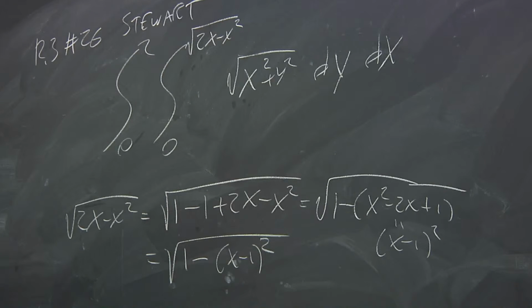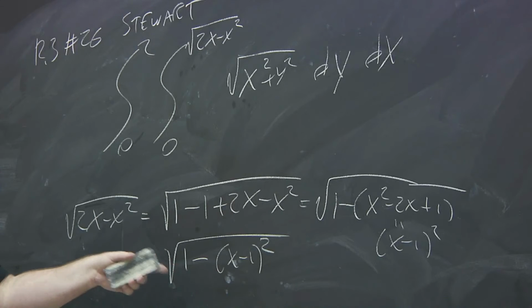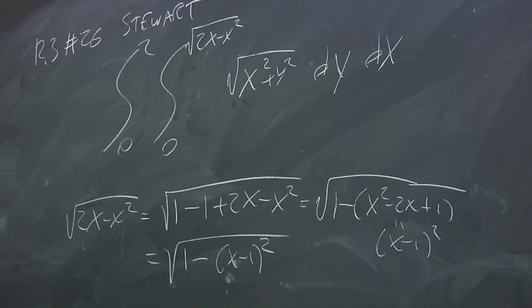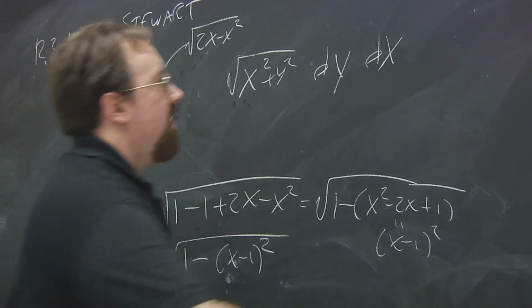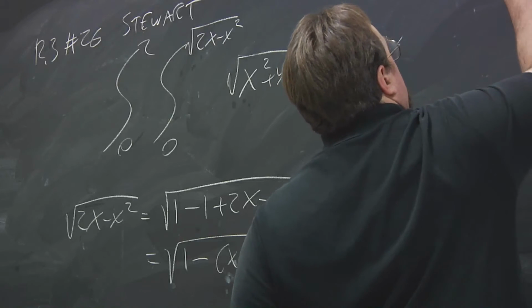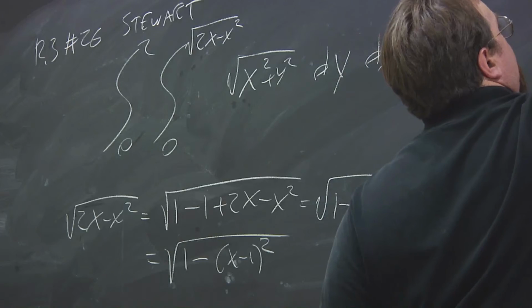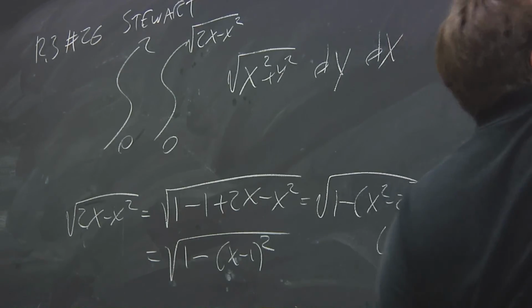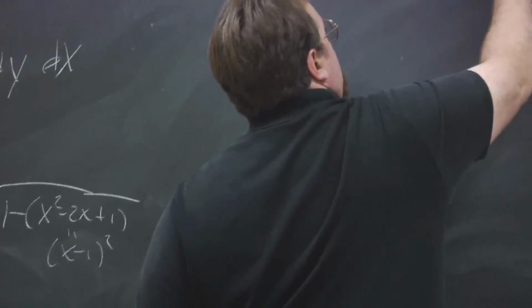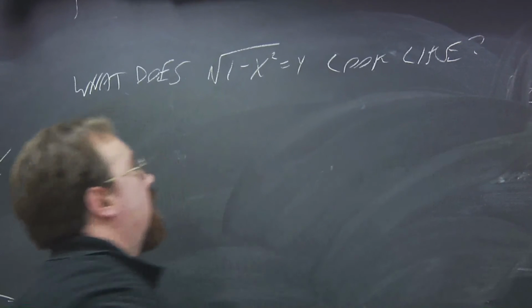But we still need to get an idea as to what it looks like. Well, let's take a simpler function. What does 1 minus x squared, so y is equal to this, look like?